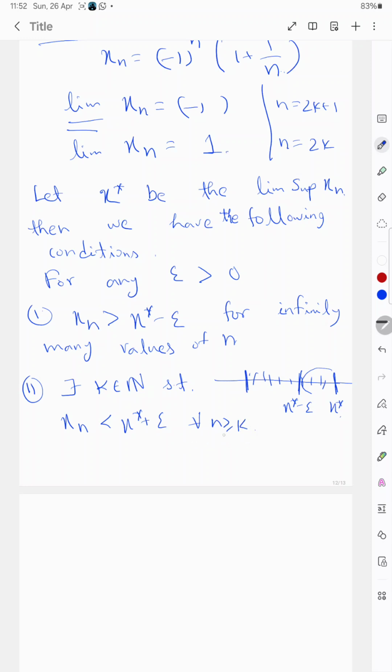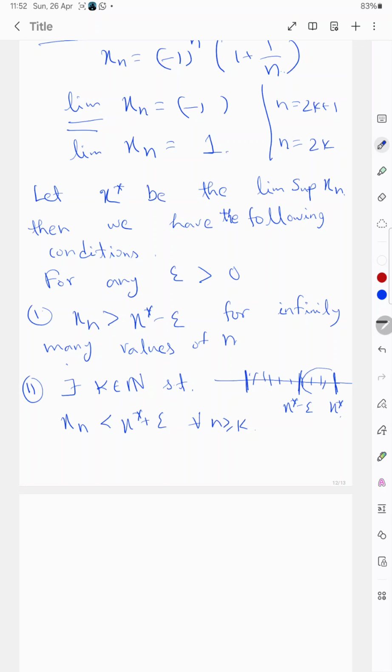Because if you consider n greater than or equal to k, there are infinitely many numbers, but these are consecutive: k plus 1, k plus 2. For all the consecutive numbers this is happening, but in the first statement it is not the same thing. Here it may be happening for, suppose, all the even numbers like 2, 4, 6. So this is not consecutive, but that one is. This is the difference between these two statements.